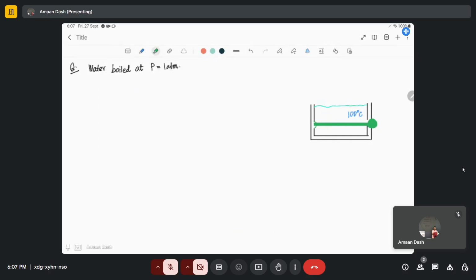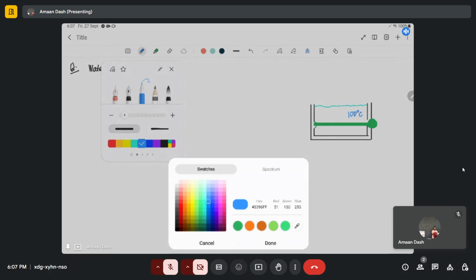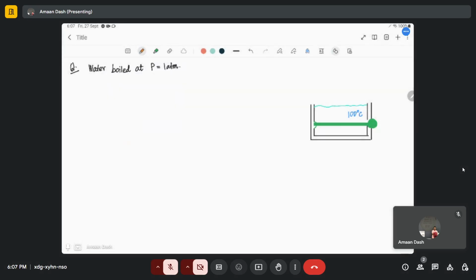And here we have a vapor film that is being generated. Let me draw it in a different color so it will be useful.